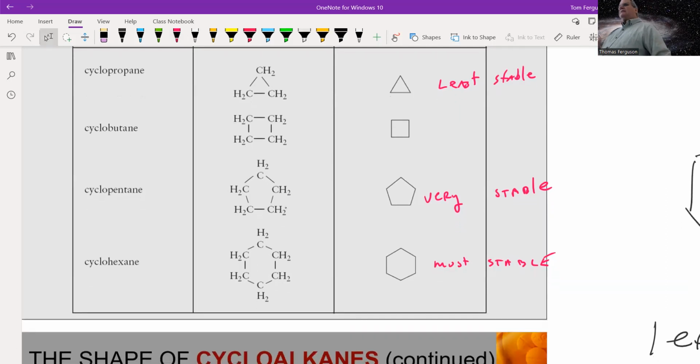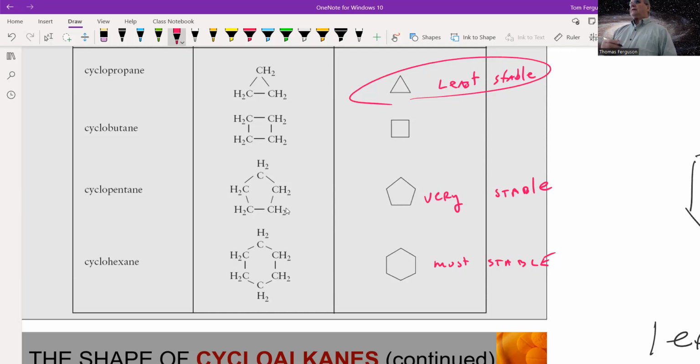So for a 6-sided structure, it's going to be cyclohexane, cyclopentane, cyclobutane, cyclopropane. This is really, really unstable. Those bonds have to be really stretched, and it's just not very conducive to the perfect alignment of carbon.